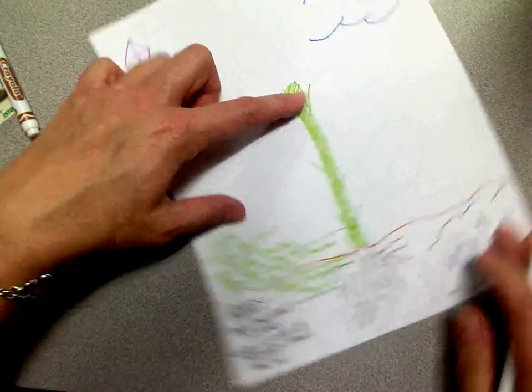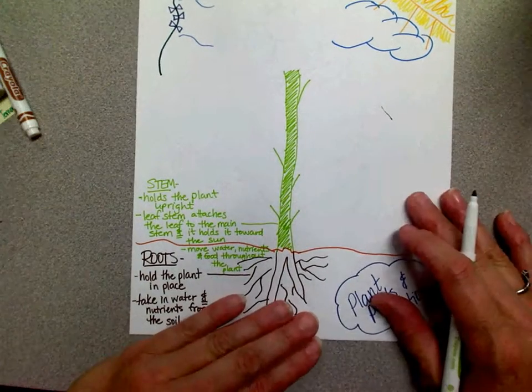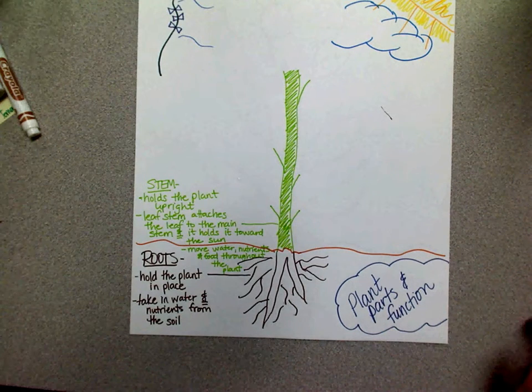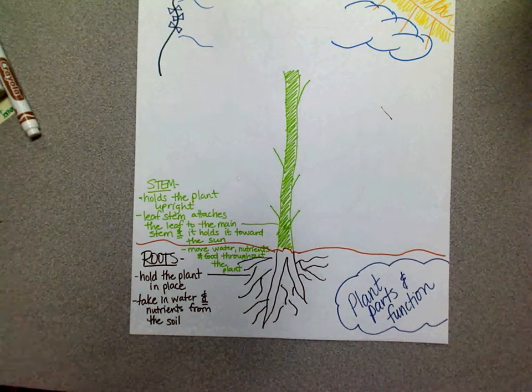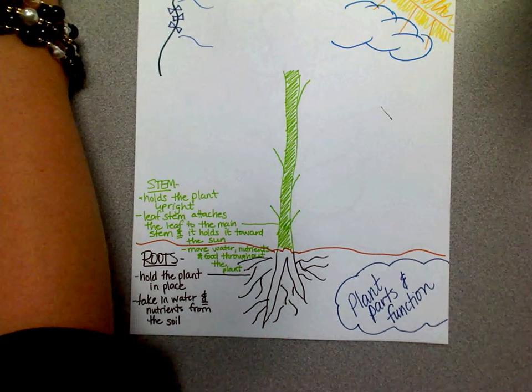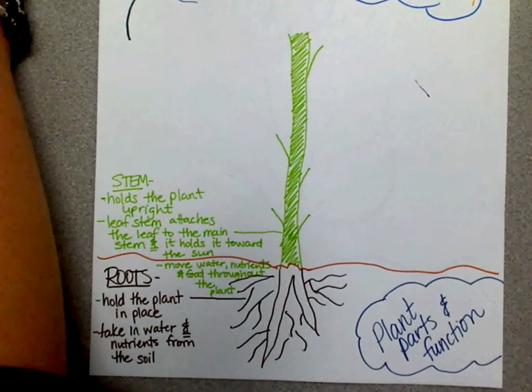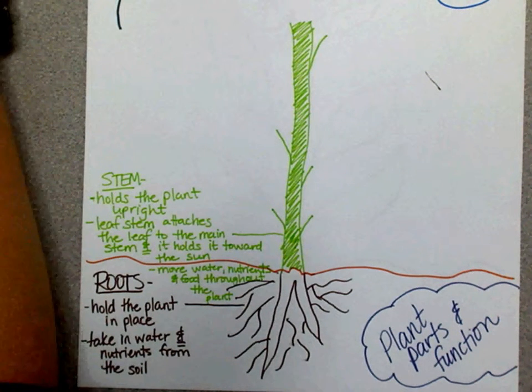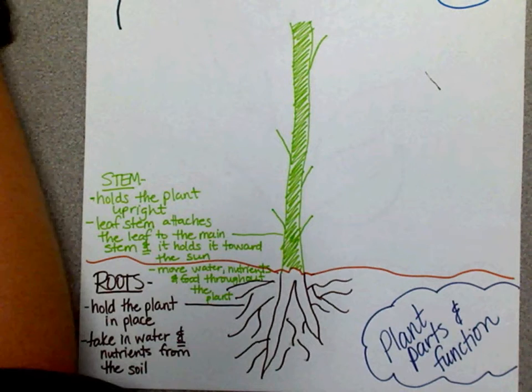Okay? So the stem is going to hold the plant upright. It is also moving those things. Can I read that better now? At this point, if you need to read that and pause it, you can do so. Okay.